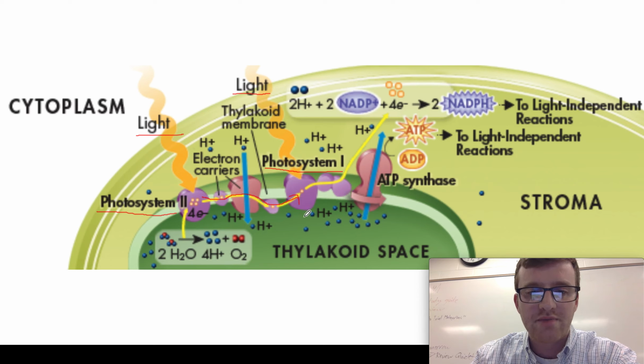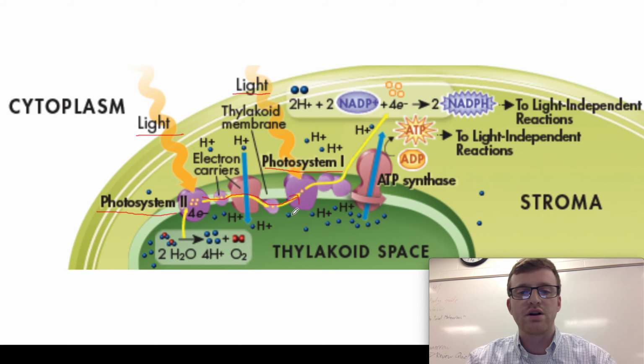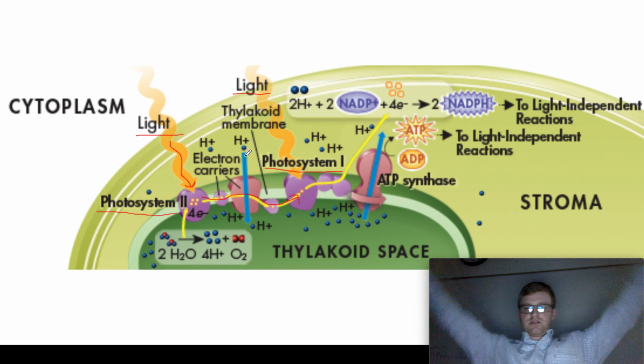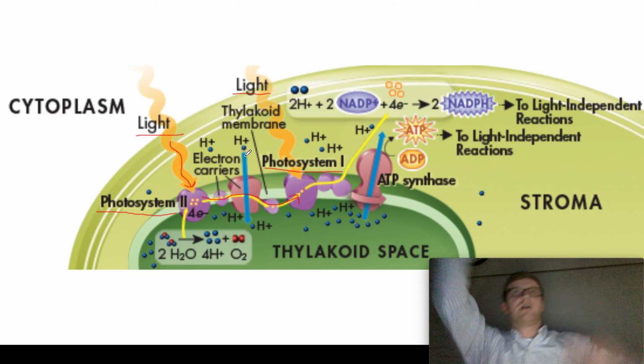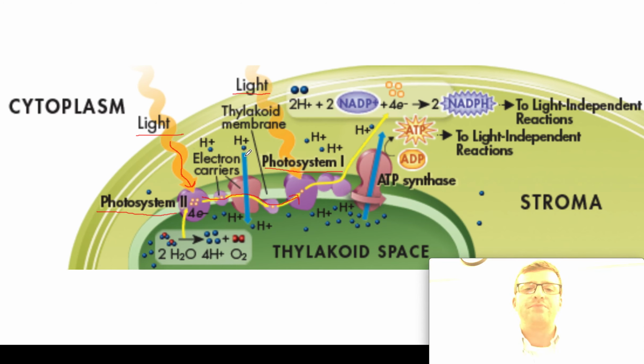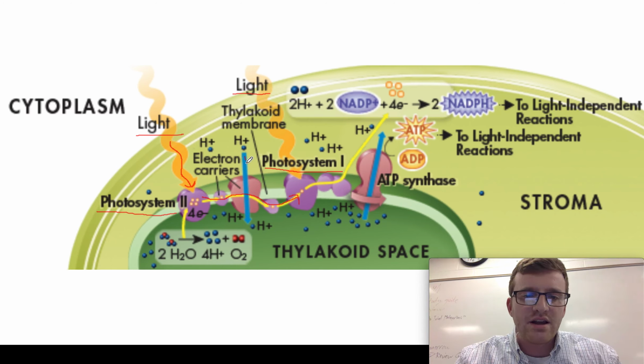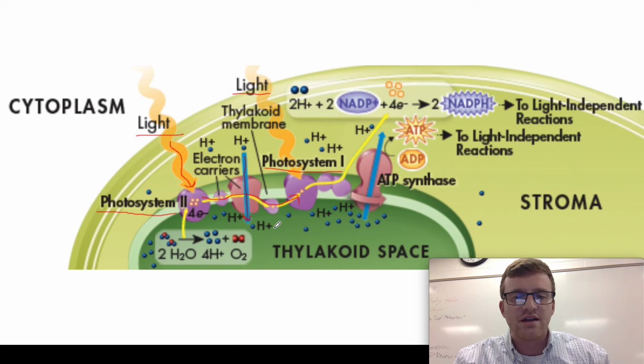It's a similar process as the one involved in cellular respiration. The electron gains energy from sunlight and is passed through the electron transport chain. And while it's doing that, oh, the light's just turned off. Turn back on. Okay. And as it's doing that, a hydrogen will be pumped into the thylakoid space.